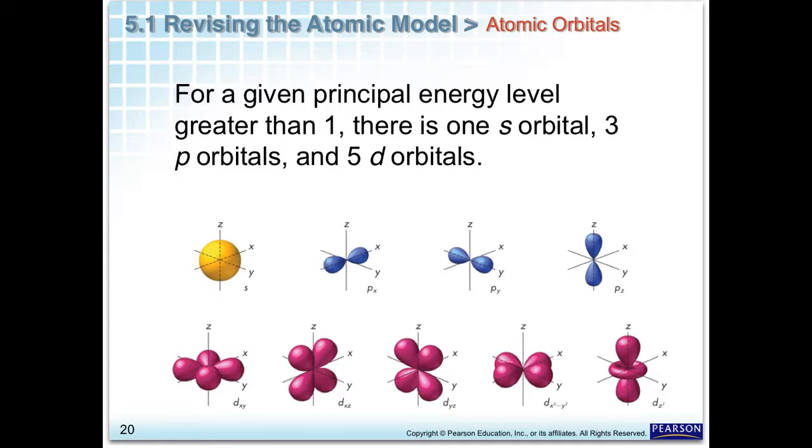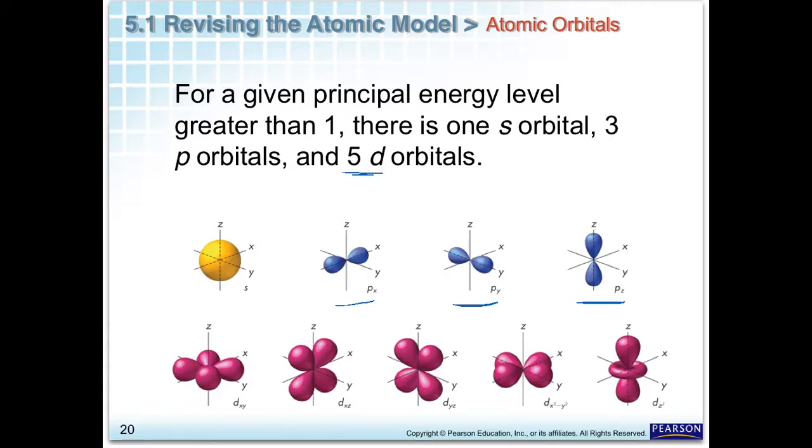There are 3 p orbitals within its sublevel, 1, 2, 3, and you can see they're oriented in different ways around the XYZ axis. The next sublevel is the d sublevel, and there are 5 d orbitals.